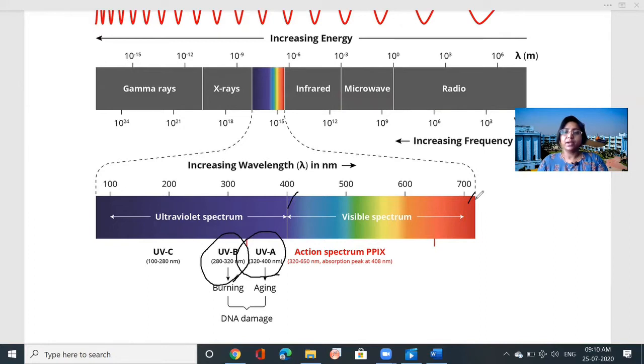For red, the wavelength is highest, that is 700 nanometer. But the energy level is increasing in this direction. That means the energy level for violet is higher, and for red in the visible spectrum, it is the lowest.